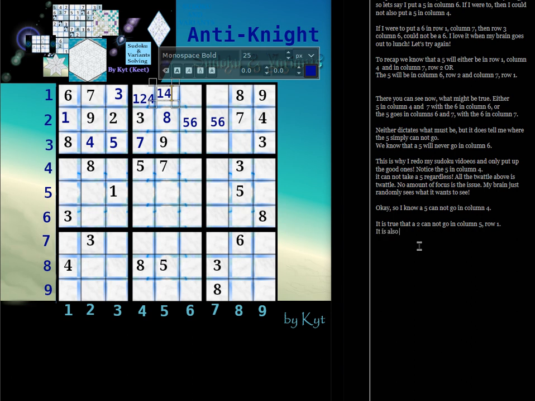It is also true that a 5 cannot go there, leaving us with only the 1 and 4.